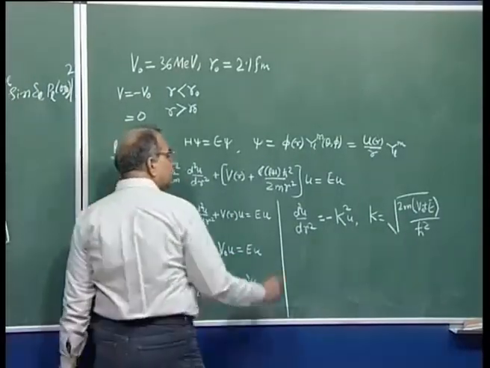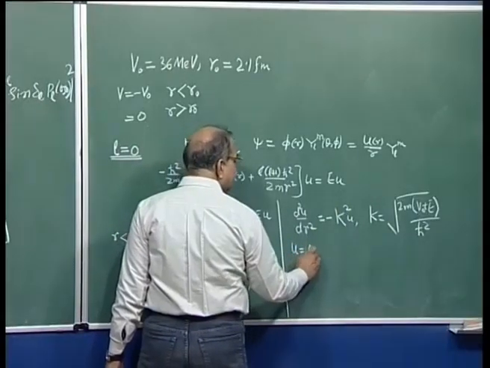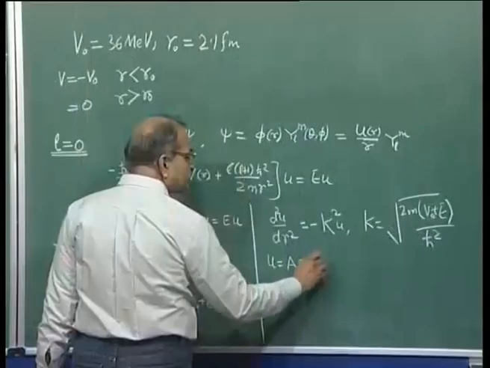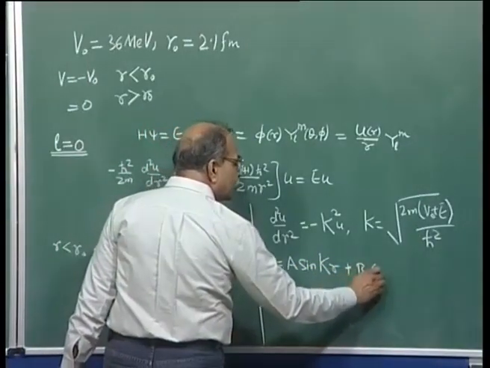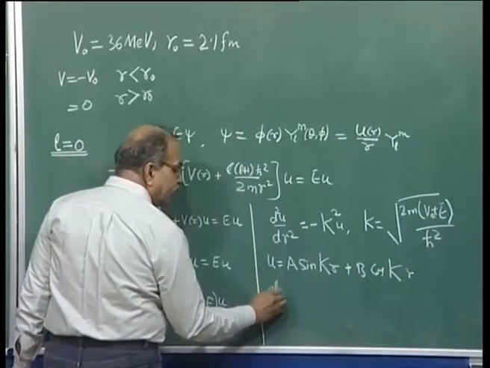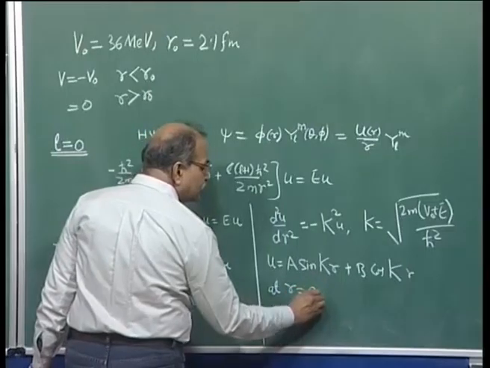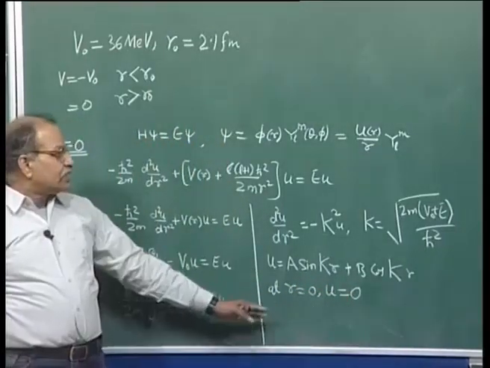And then you know the solution, u is equal to a sin Kr plus b cos Kr, but then you have the boundary condition at r equal to 0, u is equal to 0. Where is this coming from?